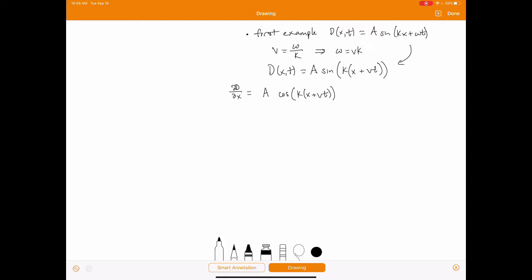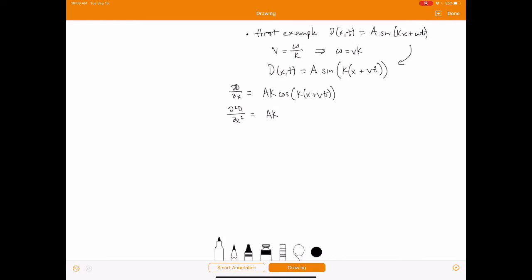But I need to take the derivative of what's inside the cosine function, so that gives me a factor of k out front. Now, if I want to take a second derivative with respect to position, here's what I'll get. I'll have A and k out front as constants.